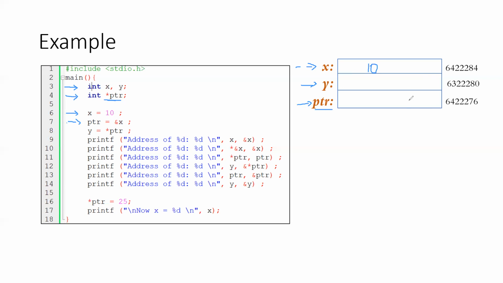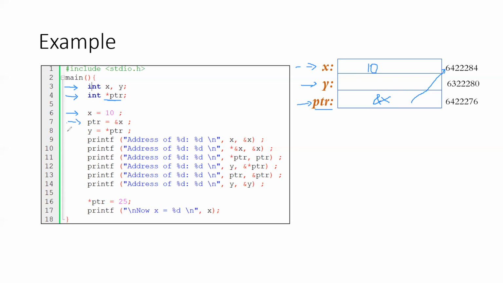So PTR will be pointing to the address of x, and PTR will then have the contents of x's address, which is 642284.